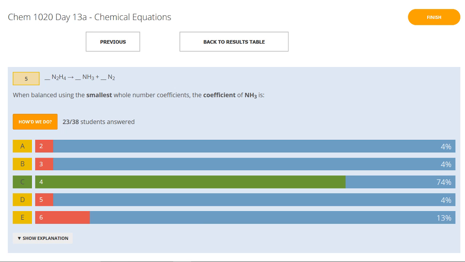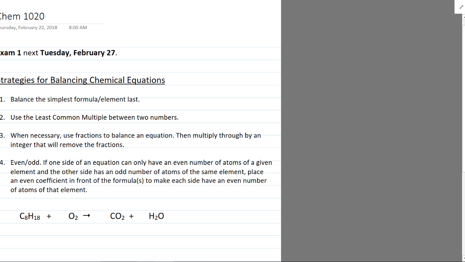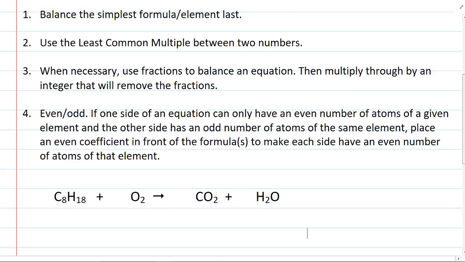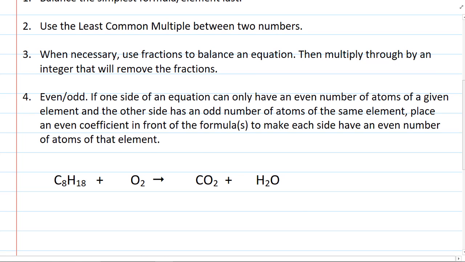It does look like we need to go through this one, so let's do that very quickly. We start by remembering our strategies. We talk about the complete combustion of octane. We burn this in the presence of oxygen.